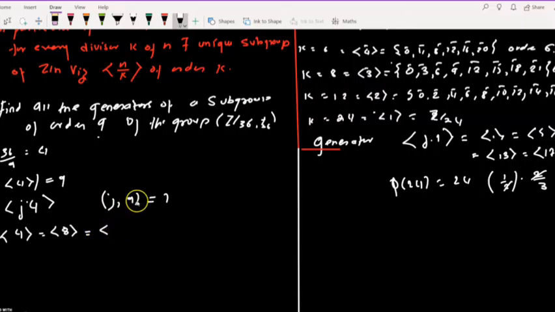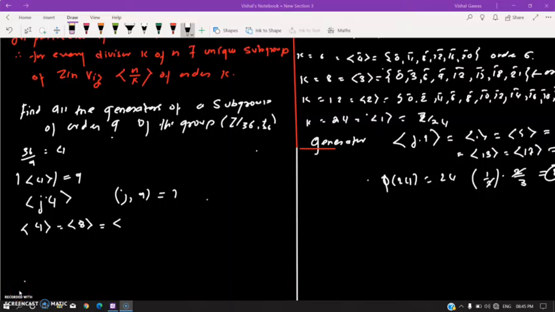Then 3 and 9 are not relatively prime. 4 with 9, the GCD is 1, so this will be 16. 5 with 9 is also 1, that would be 20, modulo 36. 6 with 9 is not 1, 7 with 9, yes, so that would be 28.